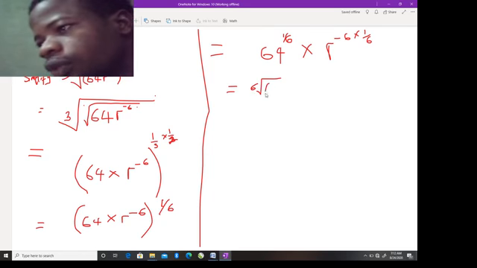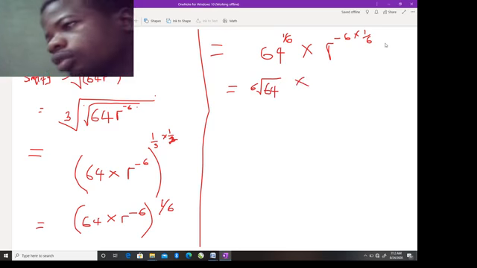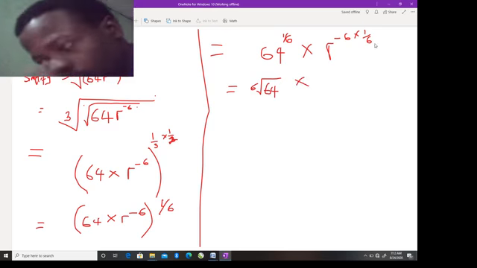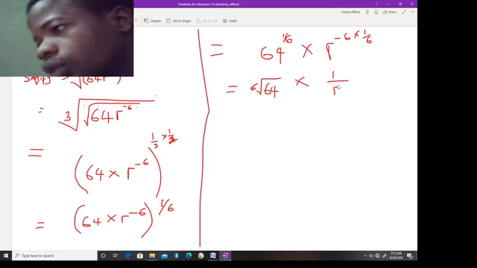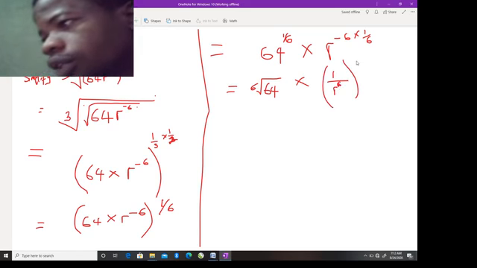So you have 64, then times r raised to the power minus 6, which is 1 over r raised to the power 6, and everything raised to the power 1 over 6.